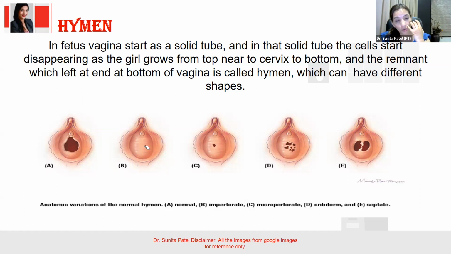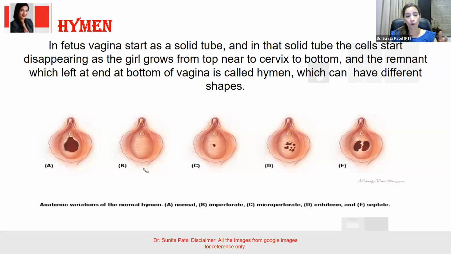So there is no room for the vagina to leave the blood outside. So menstrual blood will start collecting inside the vagina, and that can be the source of pain, or severe pain, or endometriosis. Endometriosis, where these endometrial particles can start growing anywhere into the uterus.